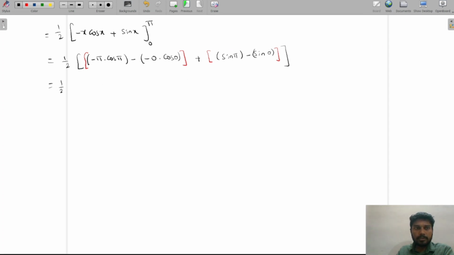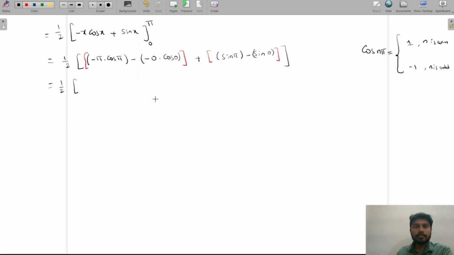So 1 by 2 of, here the cos pi value. So how much is the cos pi value? We have intermediate formulas. Cos of n pi is equal to, when n is an even number, the result is plus 1. When n is odd, your cos n pi is minus 1.